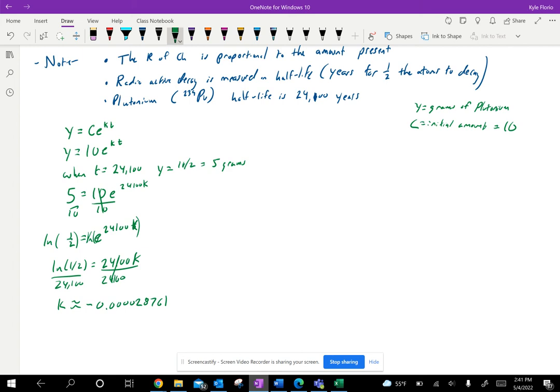Now the final question is, how many years is it going to take for it to be only 1 gram, not 5 grams. So my equation here for the amount of plutonium is going to be 10 times e to the k t, with k being that negative decimal. And the question is when y equals 1 gram.